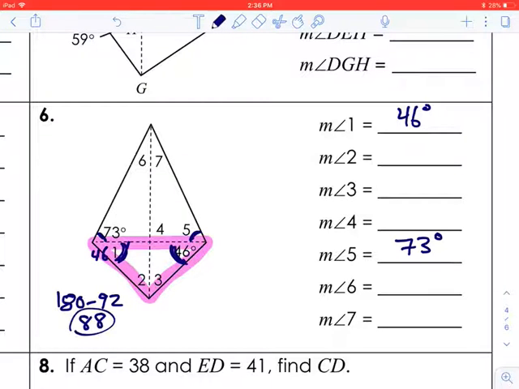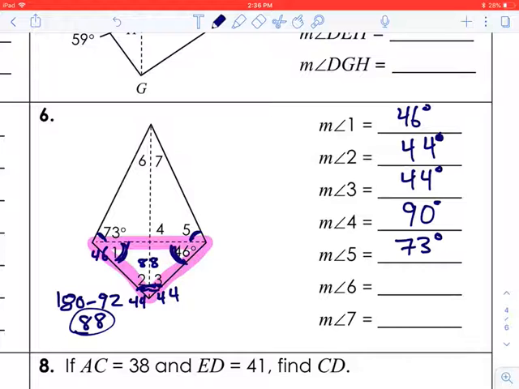So that means this whole thing is 88. Split it in half, I've got 44 and 44. So 2 and 3 are 44 and 44. Angle 4 is 90. We already know that because that's the middle angle.